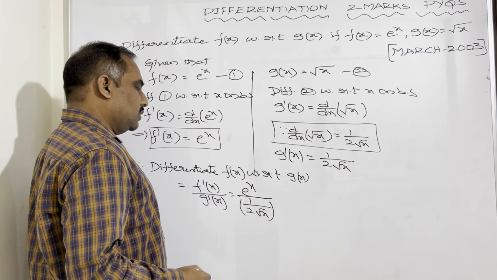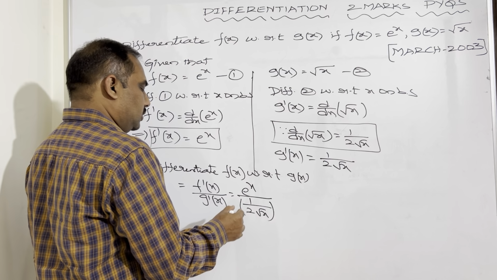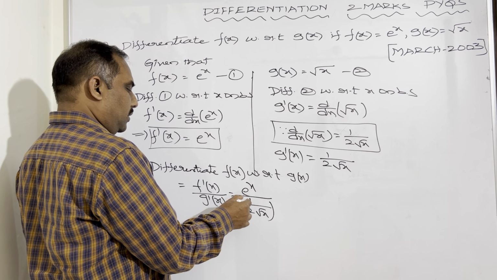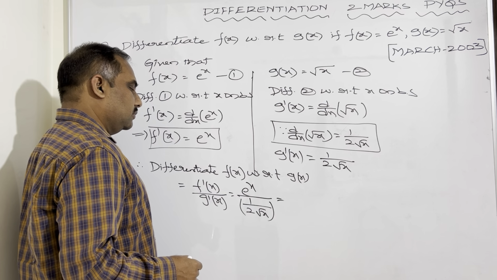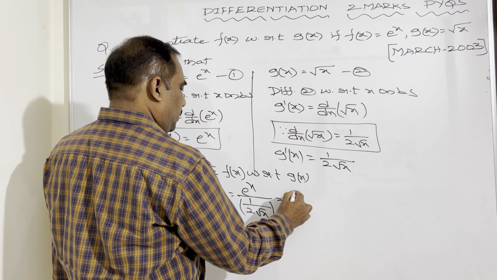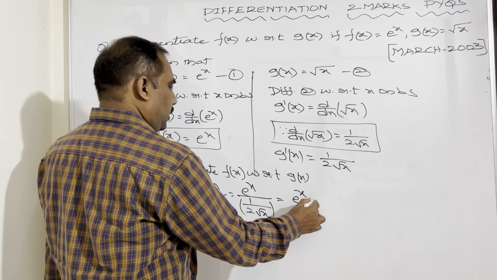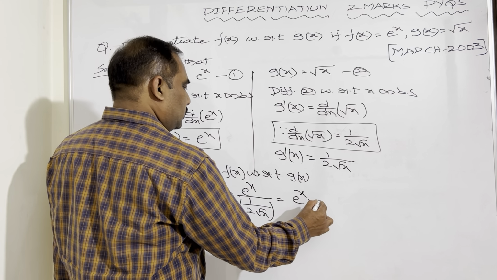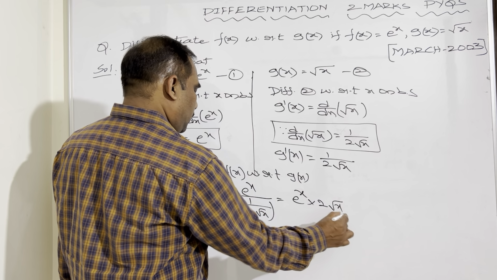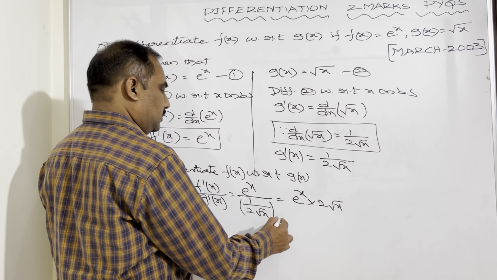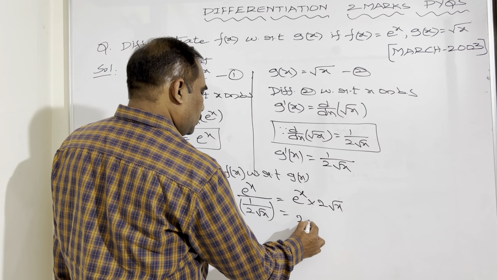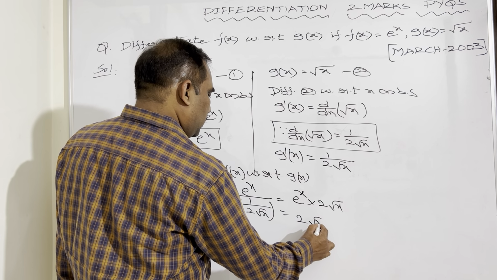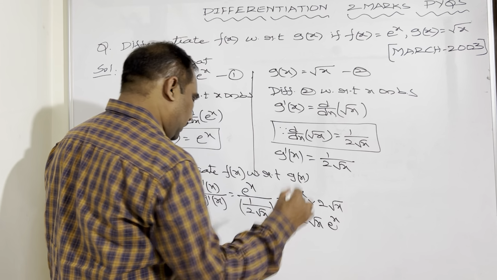So now which is the fraction here? Which becomes what here? e power x by 1 by 2 root x, which is nothing but e power x into 2 root x. So finally we get 2 into root x into e to the power of x.